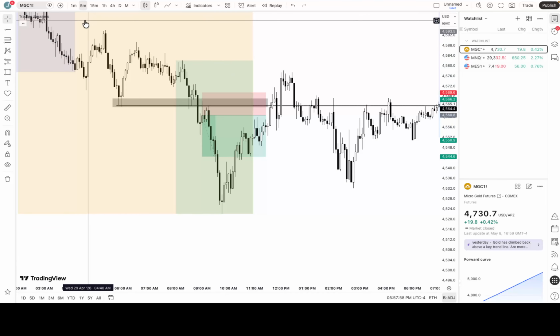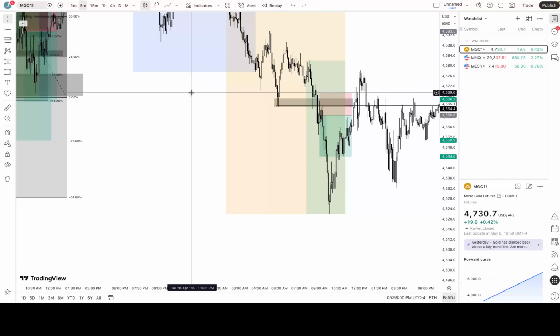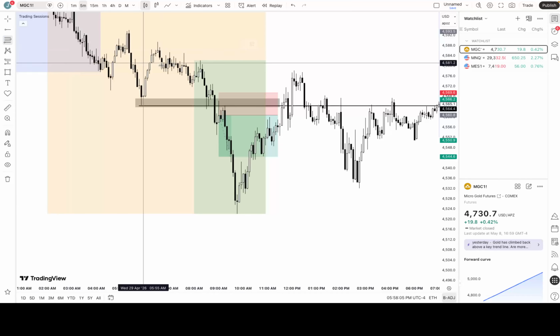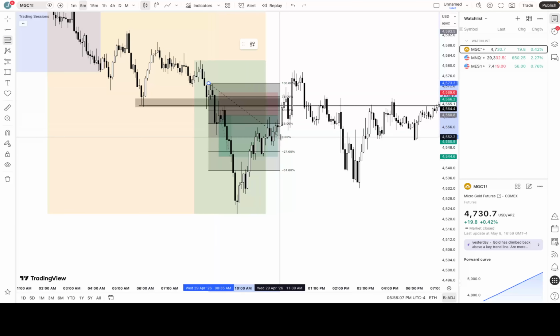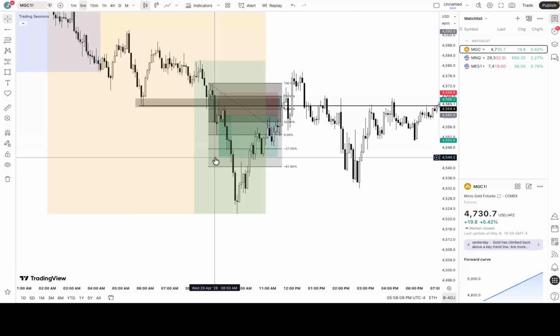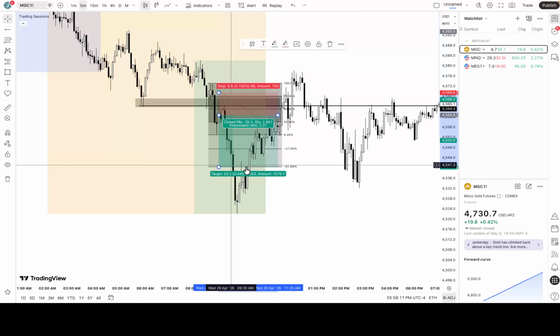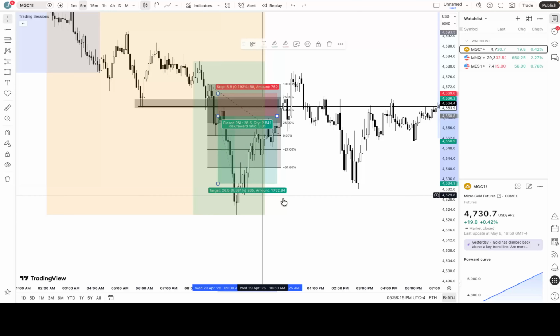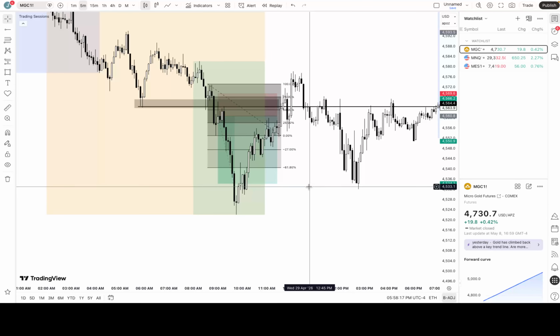Where would I see TP? That's a very good question because we don't really have a very good place to put it. We could put it here or even just at a 1 to 3. Base 1 to 3 would be good too, because I do tend to look for 1 to 3.